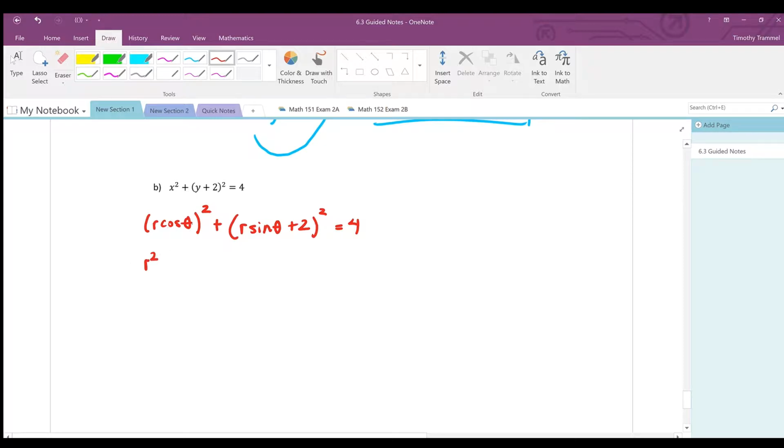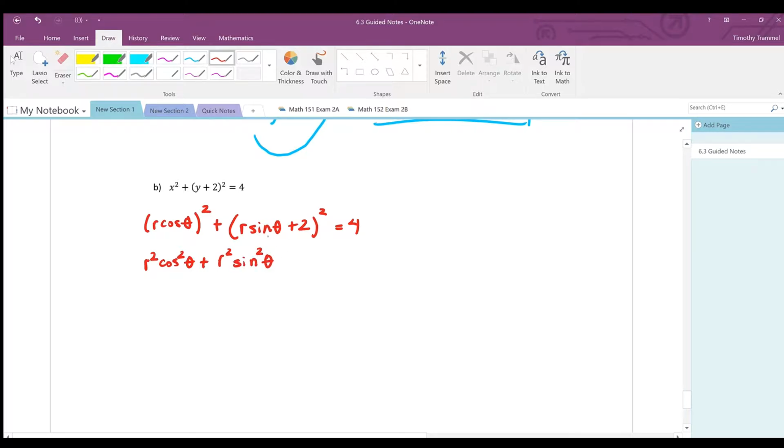If you square r cosine theta, that gives you r squared cosine squared of theta. And remember here, we're going to have to FOIL. So if we do this times itself, that's r squared sine squared of theta.